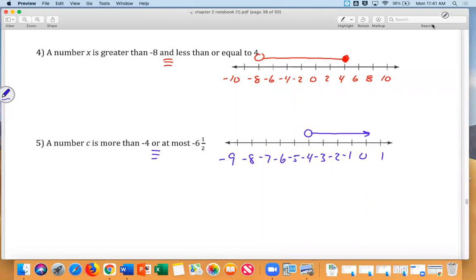Now, at most, Louis, is difficult because at most sounds like it's more than, right? Because it's using that word most. When in reality, it means I can't go past -6.5, which tells me I have to be less than that. Got it?